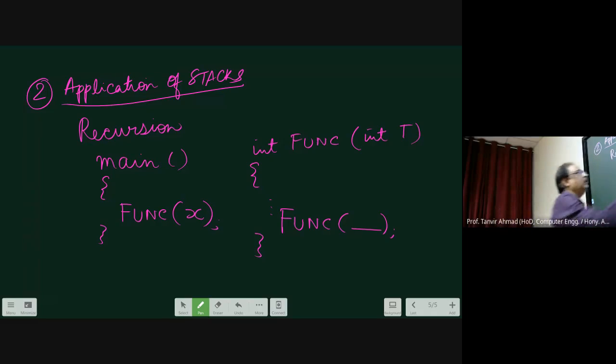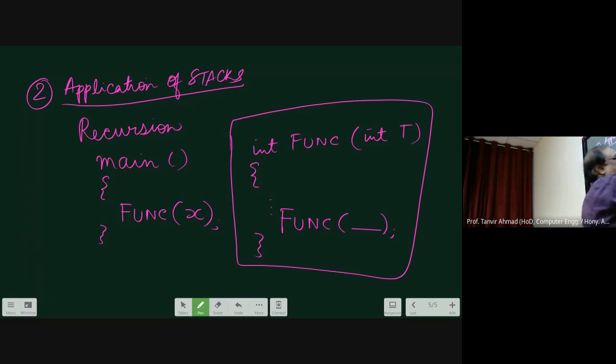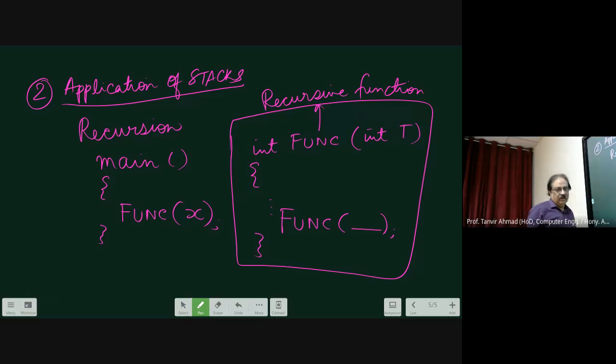Then I can say that this function is a recursive function. You can see that this function is recursive. And this process is called recursion. The process of calling a recursive function from somewhere is a recursion.